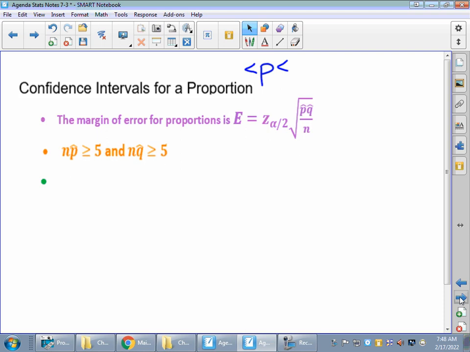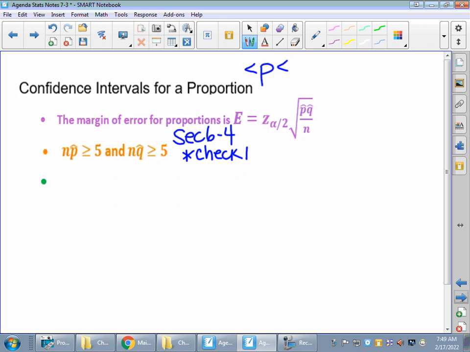Do a quick check. Make sure that n times p hat and n times q hat are both greater than or equal to 5. This is back, if you remember, from section 6.4, where we had to verify that it was relatively normal. So that is a check to see if normal.